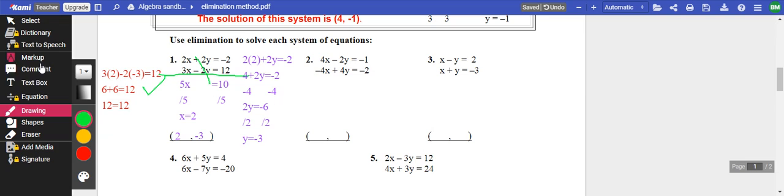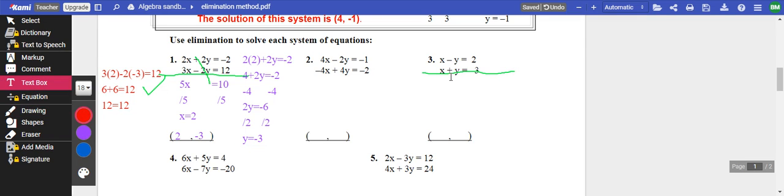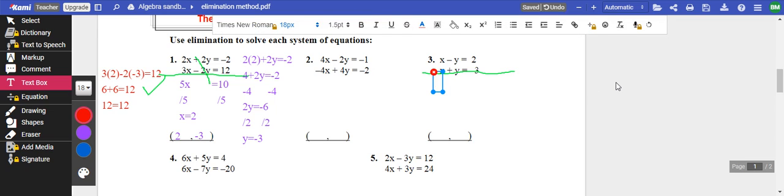Okay. Let's do another one of these. Let's look at 3. If I add these straight down, what's going to cancel out? Hopefully, you're thinking about it and you get y. x plus x is 2x. 2 plus 3 is 6.